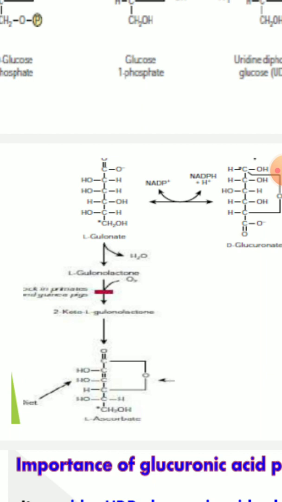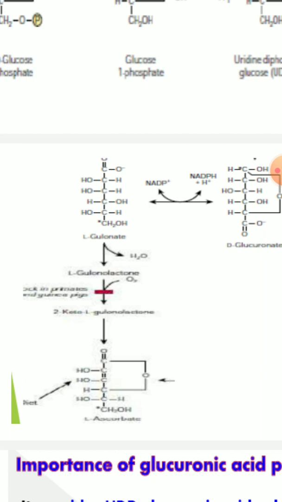This particular reaction can be observed in many animals except in humans, primates and guinea pigs, because of the lack of this particular enzyme here, L-gulonolactone oxidase. This results in the formation of 2-keto L-gulonolactone. This 2-keto L-gulonolactone is further converted to ascorbic acid. So it is involved in the synthesis of ascorbic acid.